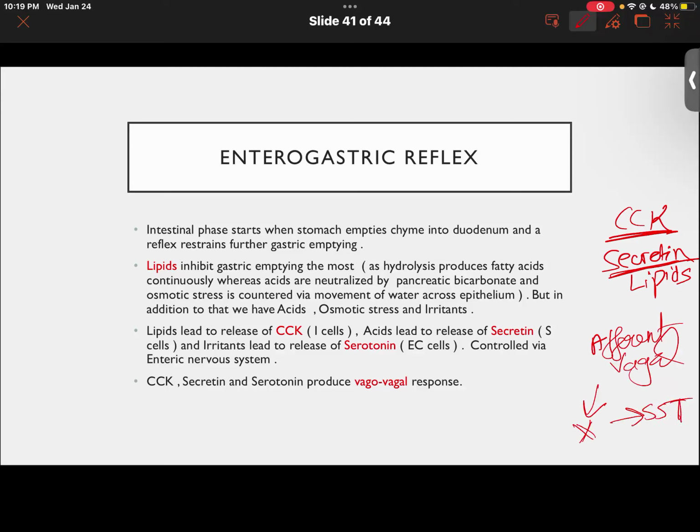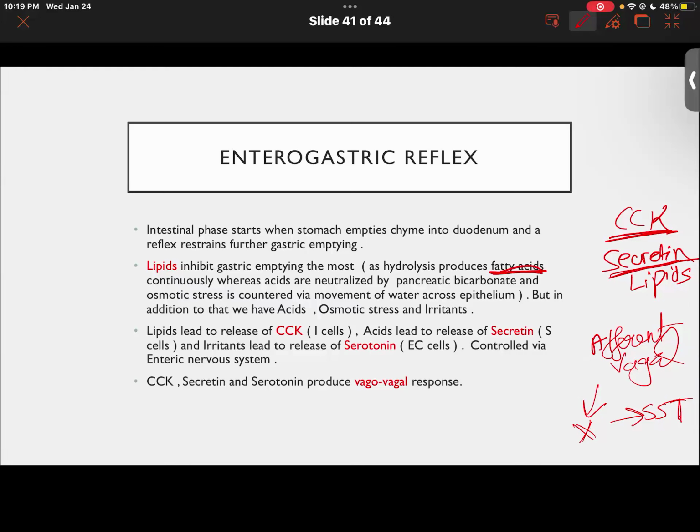So the lipids inhibit gastric emptying. And why do they inhibit gastric emptying? Well, it's because the lipids are hydrolyzed into fatty acids continuously, whereas the other things, such as the acid, are neutralized by the pancreatic bicarbonate. The osmotic stress is countered via the movement of water across the epithelium, and the irritants are also countered. But lipids are broken down into fatty acids, right? And fatty acids cannot be broken down in the stomach.